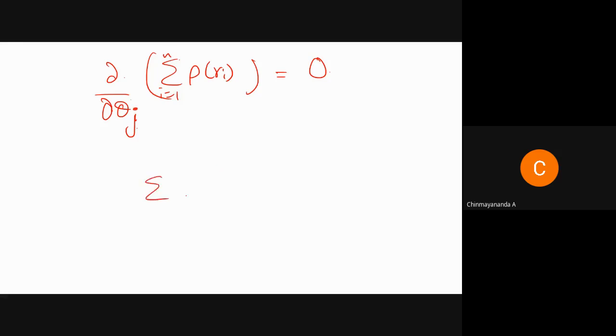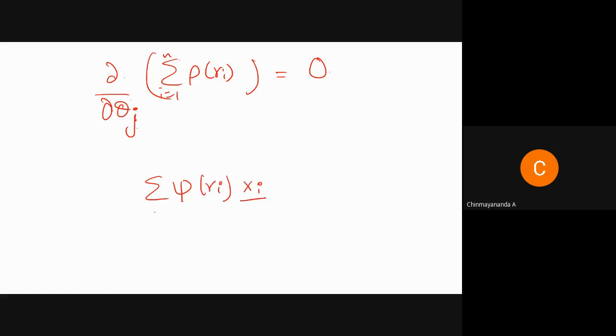So differentiate the sum of rho of Ri for i equal to 1 to n with respect to theta j. You equate it to 0, and by doing this you get a set of equations, where psi is nothing but the derivative of rho.